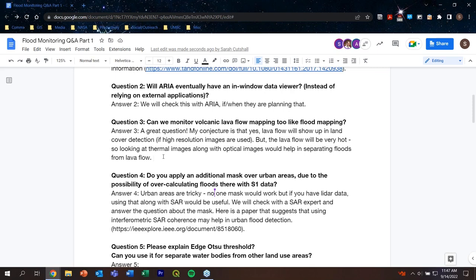So you should be able to see that something has changed over the surface, but to discriminate whether it's really flood or lava flow, I think thermal imagery might help, because lava flow would actually look very hot and it would show up in thermal imagery. So that's my conjecture on that.